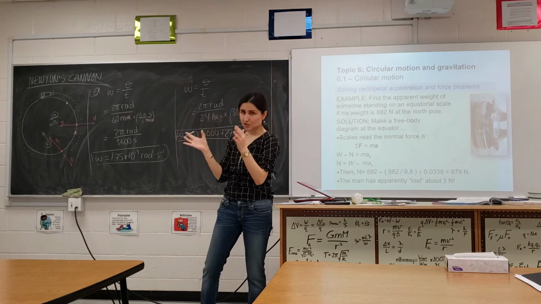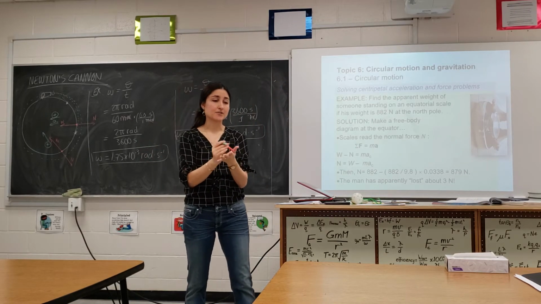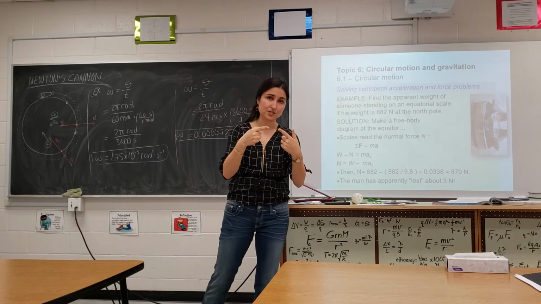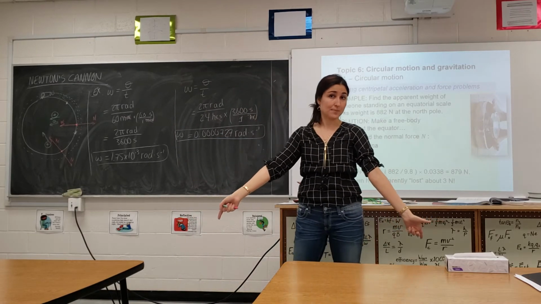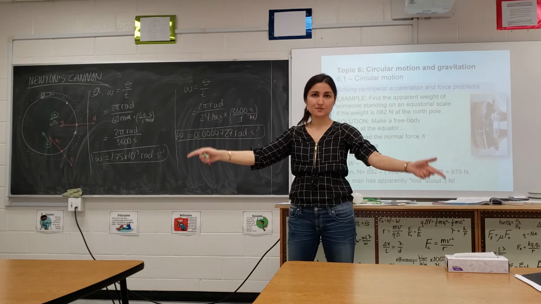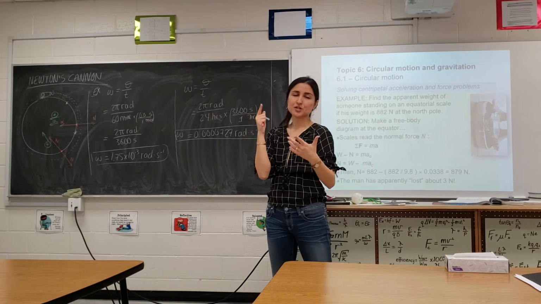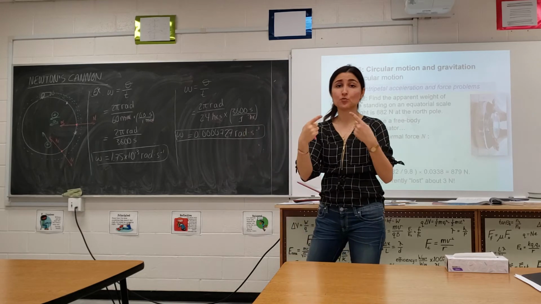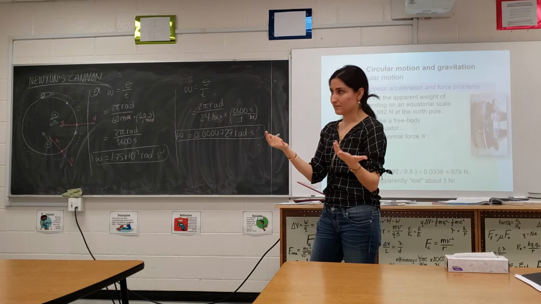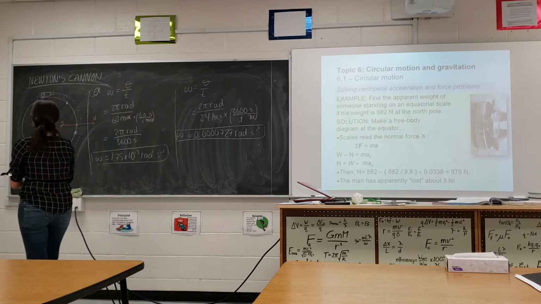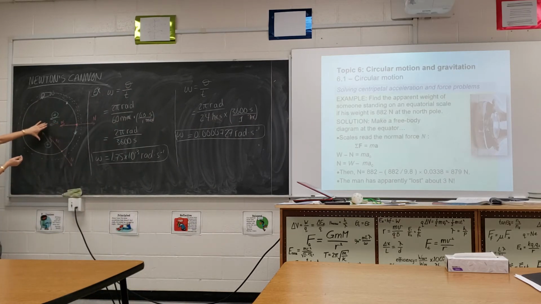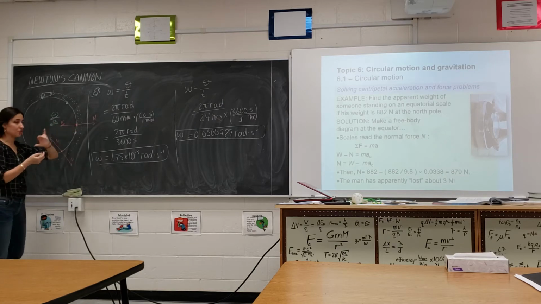With circular motion problems, it's either that towards the center of the circle is positive and radially outward is negative, or the opposite: radially outward is positive and radially inward is negative. Generally, it's better to pick radially inward as positive, because that's the direction of centripetal acceleration. It always will be. So inside toward the center of the circle is positive. That means weight will have a positive sign and normal will have a negative sign.